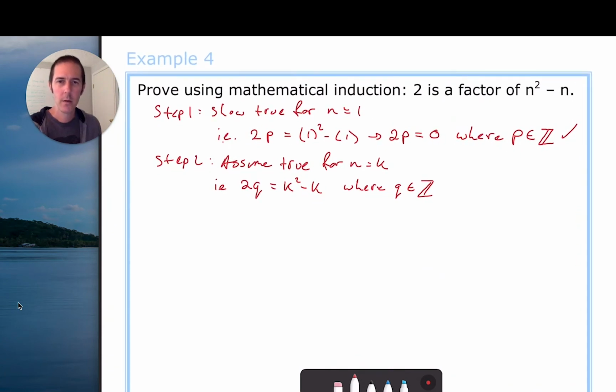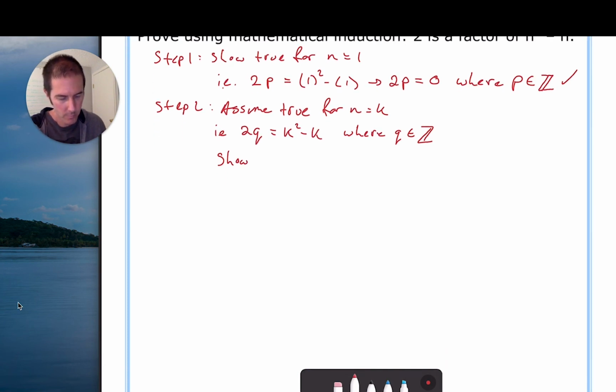Okay, so we're assuming true for n equals k, so 2 times some number q equals k squared minus k. Now, show or prove true for n equals k plus 1.